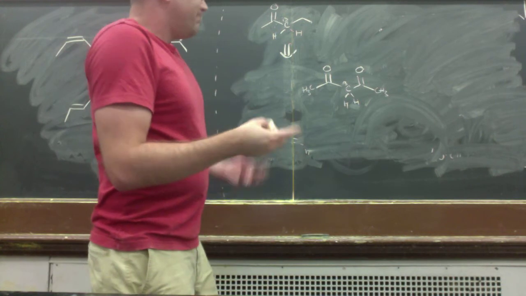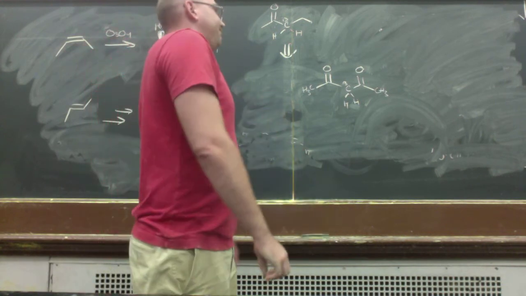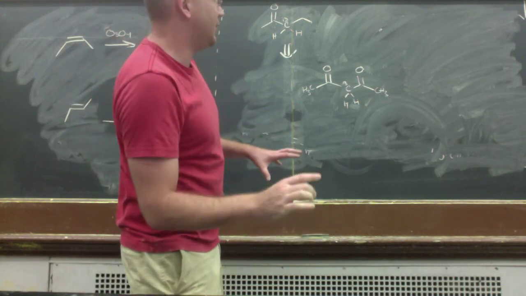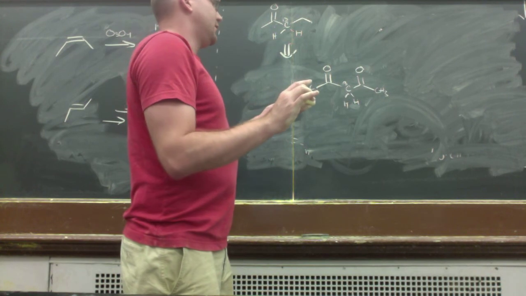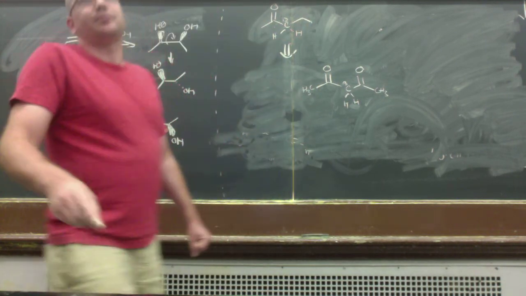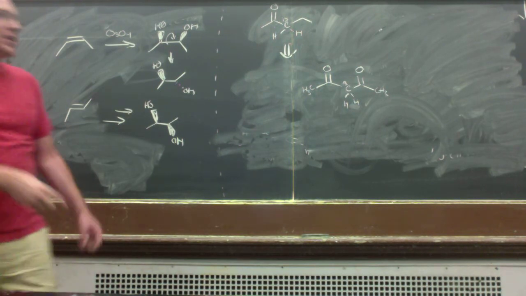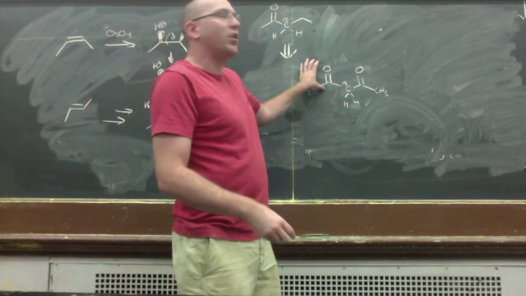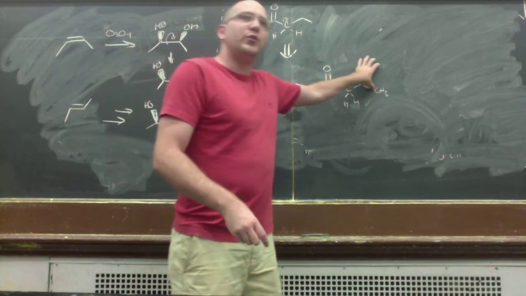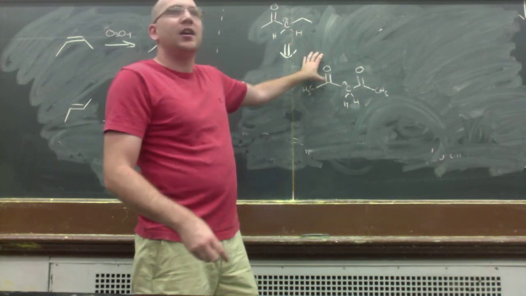But if you did an elbow... Hold on. There you go. So it doesn't matter what we do. Right, and then I guess that's fine. Yeah, so you could imagine protecting one as the acetal, reducing the other, then deprotecting.